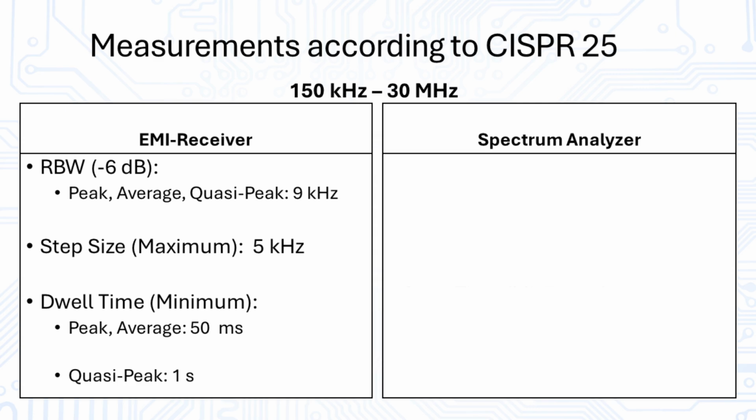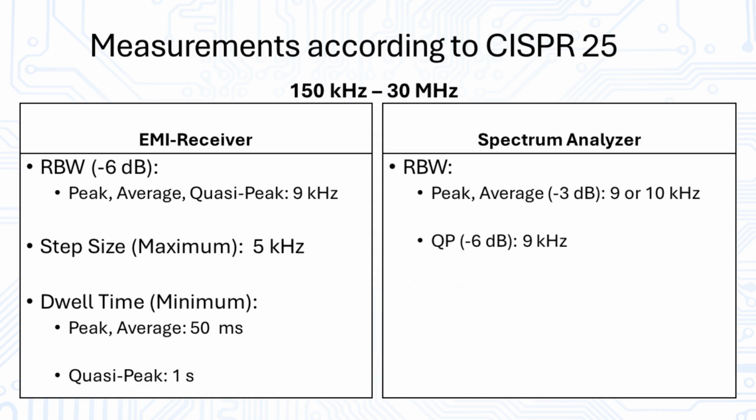In case of the spectrum analyzer, we also start by setting the start and stop frequency. Afterwards, we have to manually set the resolution bandwidth to the required 9 or 10 kHz in case of peak and average detector, and 9 kHz in case of the quasi-peak detector. Note that the resolution bandwidth requirements are different based on the used detector, and not every spectrum analyzer may offer all detectors.